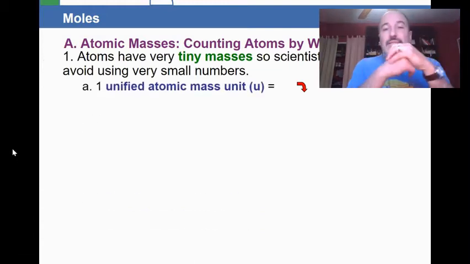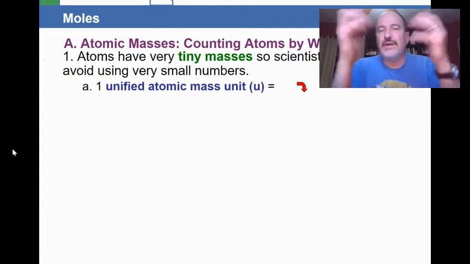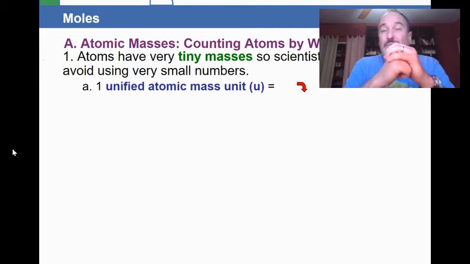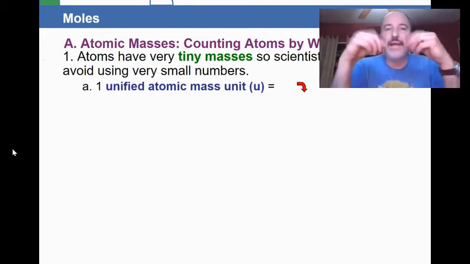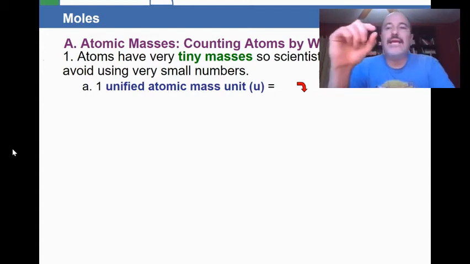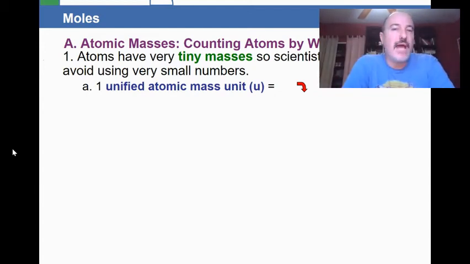You see, individual atoms have very, very tiny masses. I mean, we're talking incredibly small. Just to give you a brief idea of how small an atom really is, imagine the atoms in the eyeball of a mouse. Think of how small a little eyeball of a little mouse is.